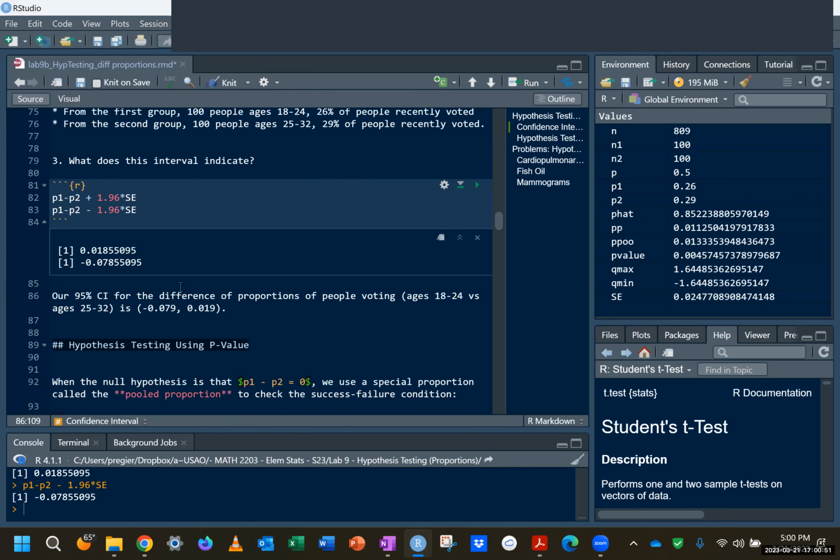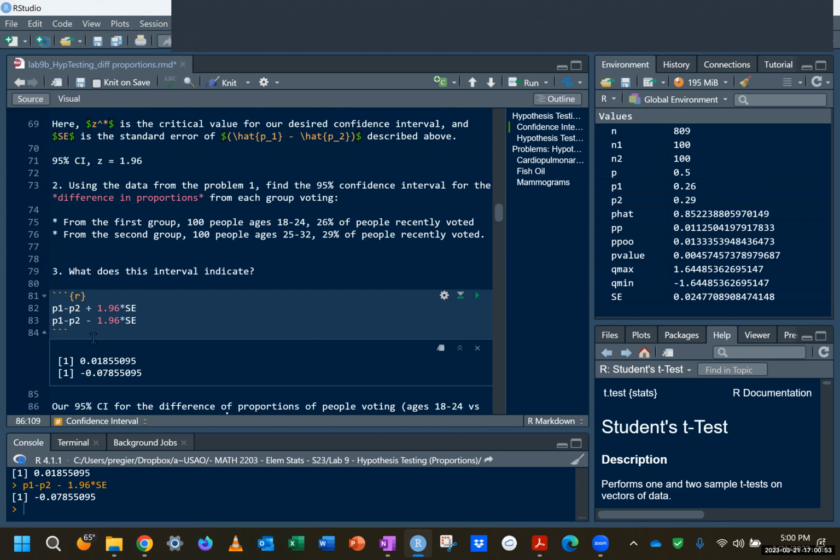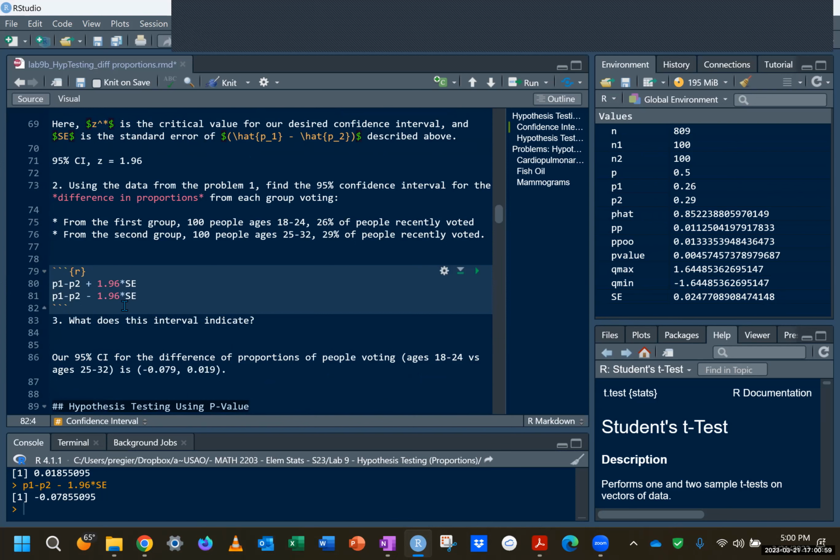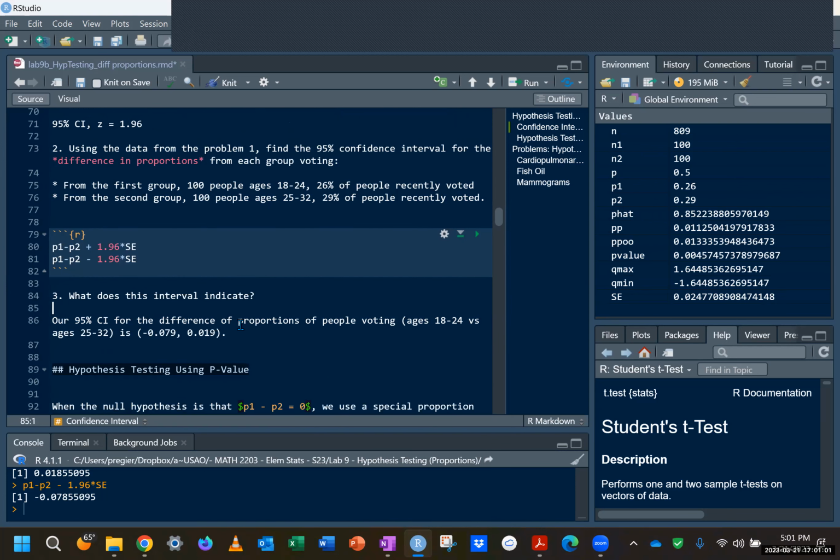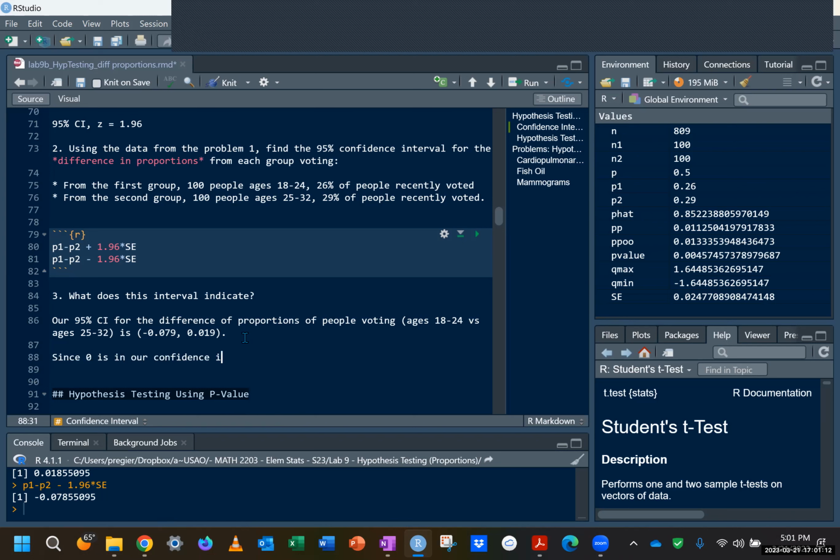Now, what does it tell us? Oh, I should have put this above here. So what does the confidence interval indicate? Well, since 0 is in our confidence interval, P1 minus P2 equals 0 is a plausible result, I should say.